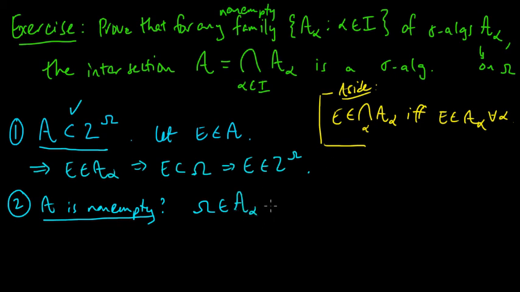So omega is in A alpha for all alpha in I. And by the definition of the intersection, taking omega to be E here, that implies omega is in the intersection of all of them, which is just A. So that means that A is non-empty. It contains at least one element, the set omega.